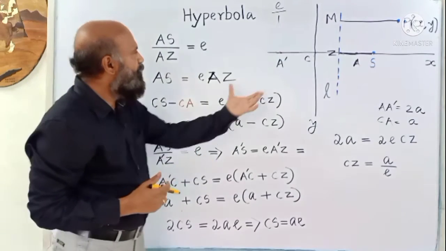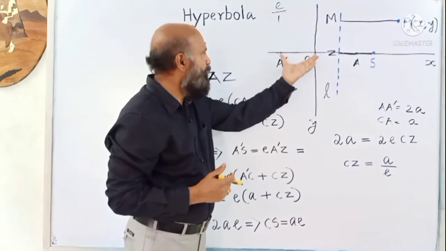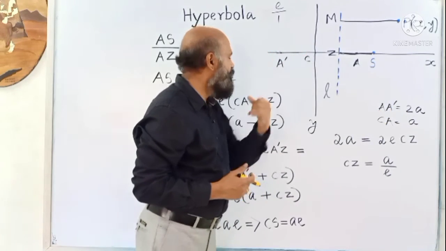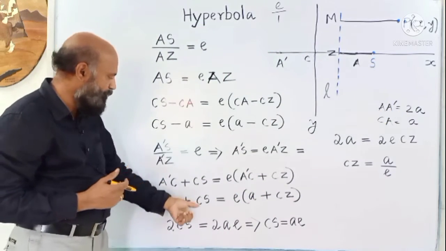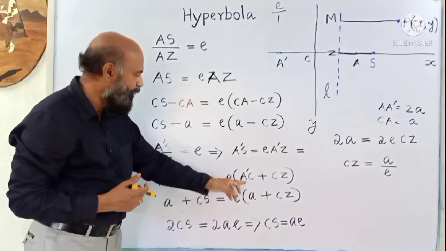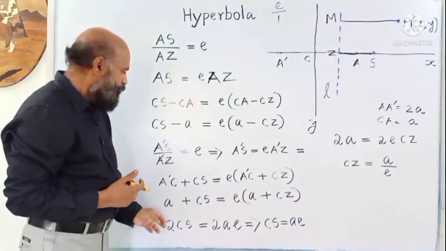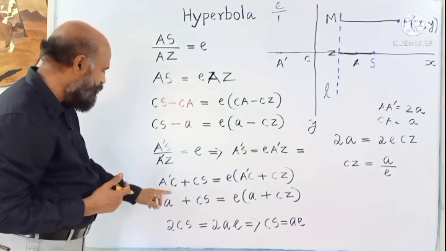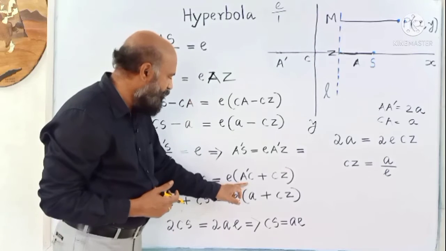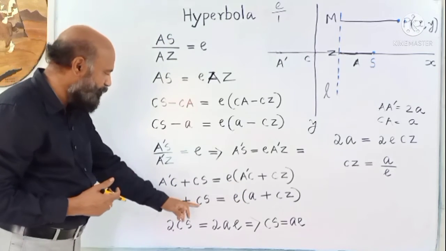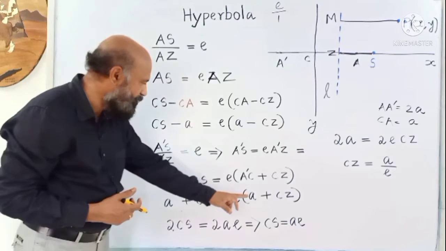A dash C is also a, because A A dash is 2a. So a plus CS is equal to e times (a plus CZ). So now you are getting another equation containing CS and CZ.